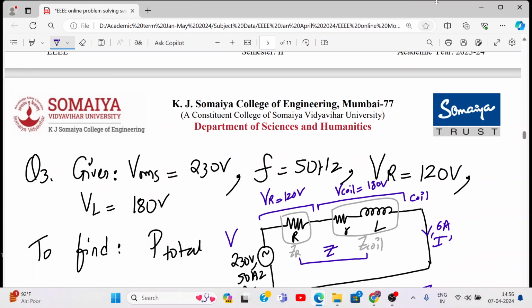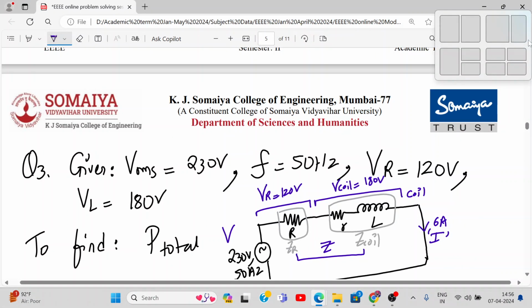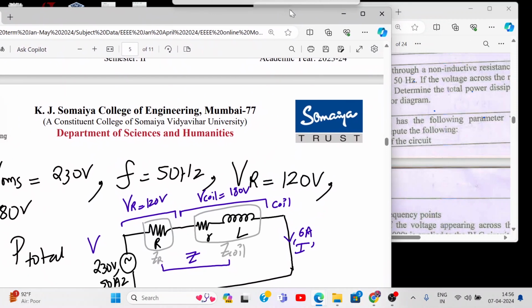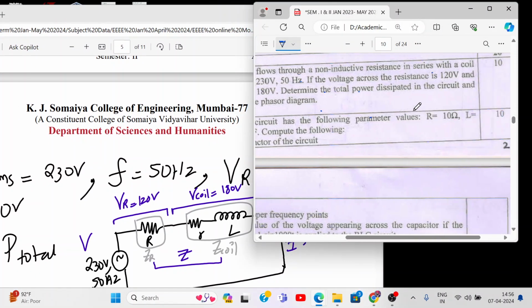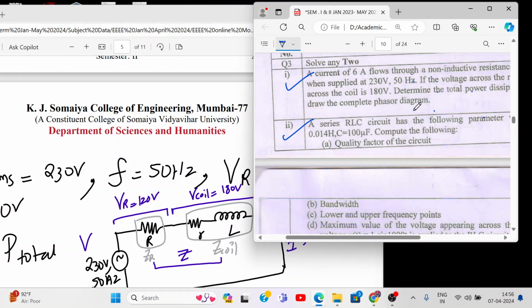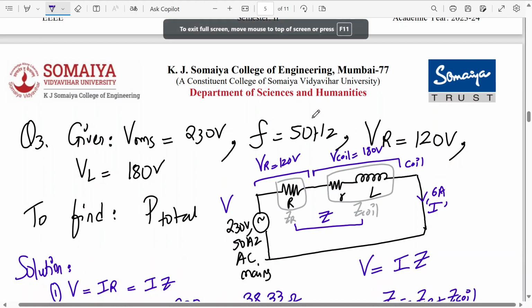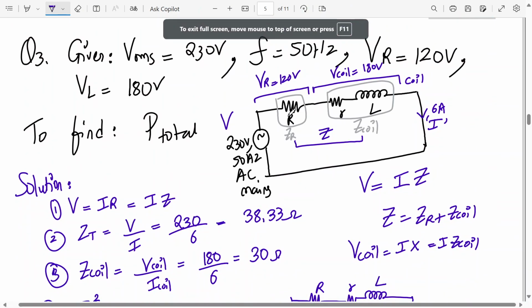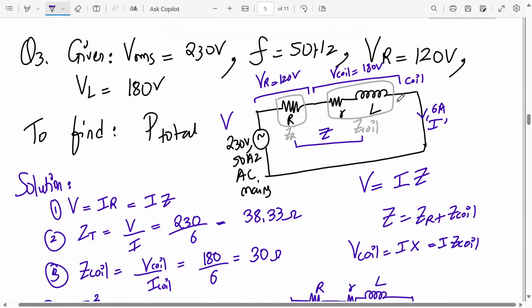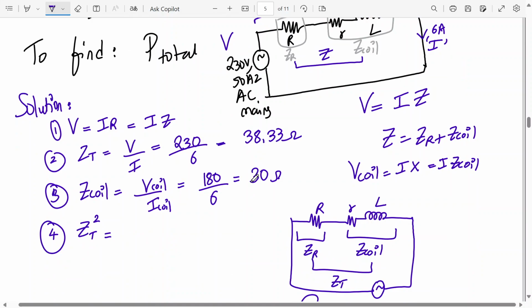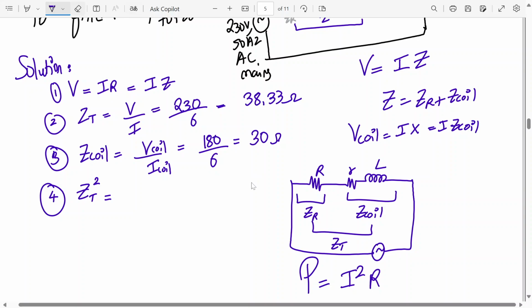See, in the numerical, why we are finding these values: we have to draw the phasor diagram. The question says, find the total power dissipation of the circuit and draw the complete phasor diagram. For the complete phasor diagram we should have at least the values of R, capital R, small r and L, right? Yes. Now tell me the value of capital R. Okay, ZT square we will keep aside.